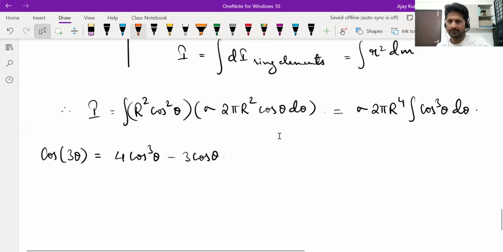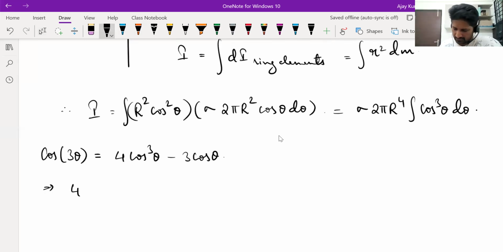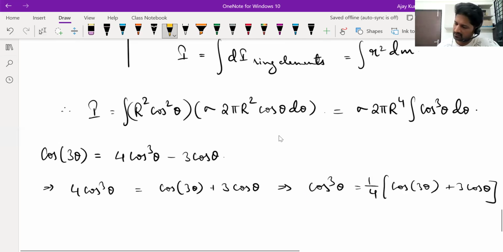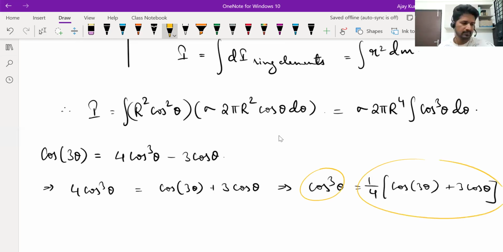From this formula, we can say that 4 cos cube theta is cos of 3 theta plus 3 cos theta. That means cos cube theta is 1/4 of cos of 3 theta plus 3 cos theta. So integrating cos cube theta is like integrating this, which is relatively easy to do.